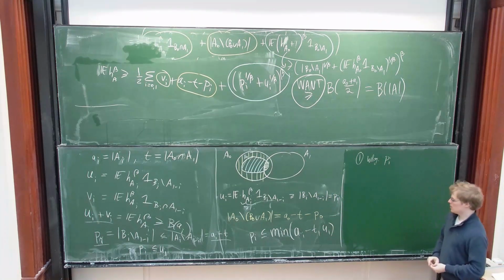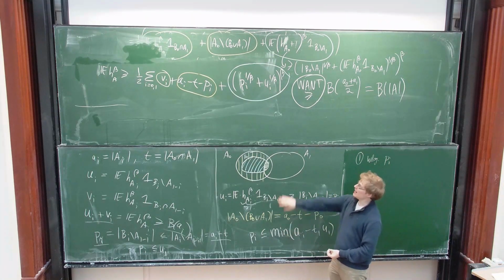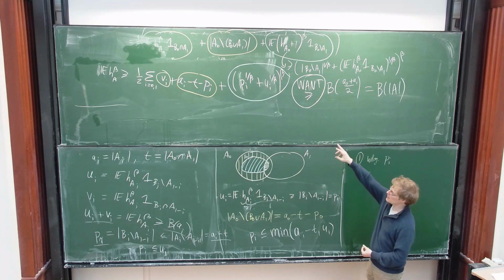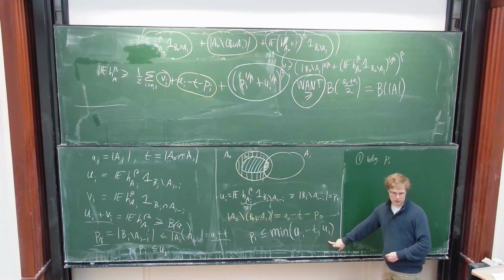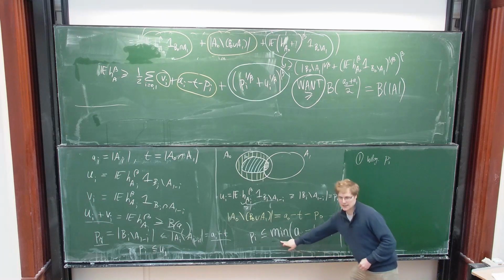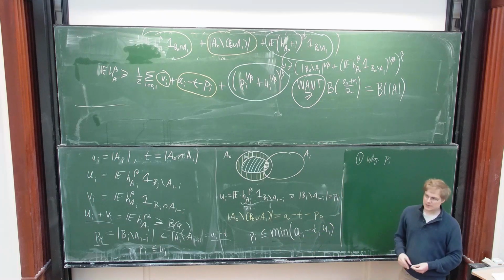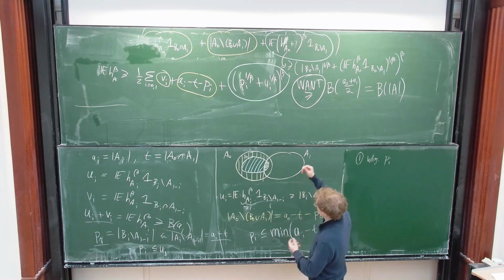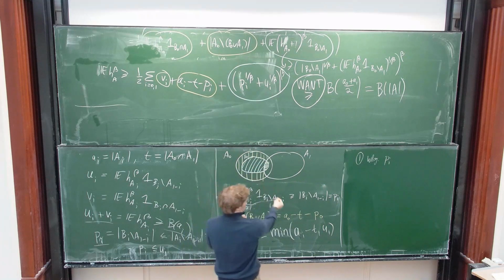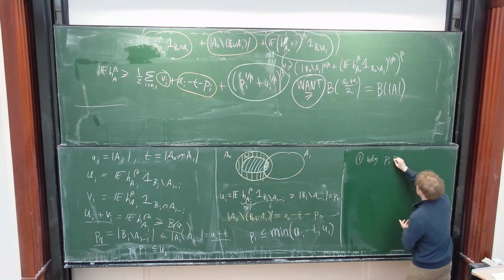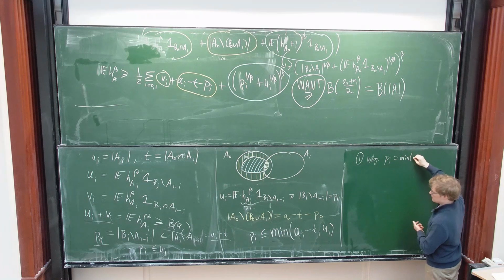So I'm claiming that the worst case, when this quantity is smallest, happens when pi is the largest. In other words, it's enough when the left-hand side is actually decreasing in pi, and this is true. I can set this to be the largest possible value.